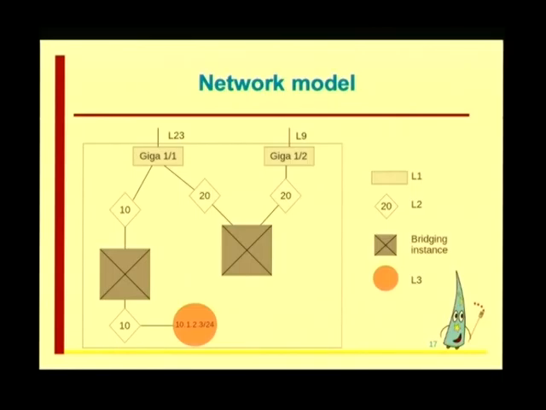Those crossed gray squares are bridging instances. So for those 2 different VLANs, 10 and 20, we have different bridging instances. And behind the bridging instances for VLAN 10, there is a red disk, which is the L3 network node with the management IP address in it, which is connected to the VLAN.